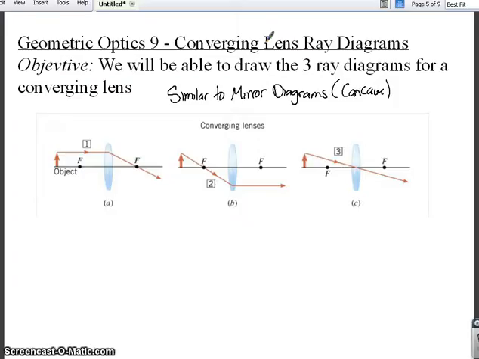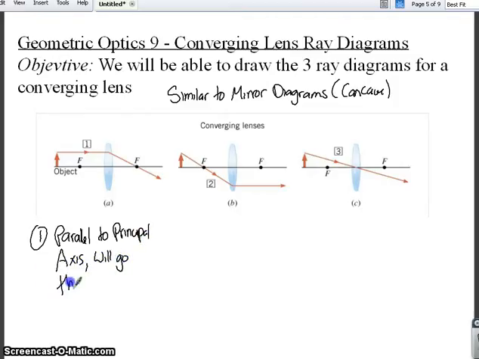So there's going to be three rays we're going to draw. Okay, three rays. Our first ray is going to be parallel to the principal axis, and then it will go through the focus, or the focal point. So you can see in this picture above me, it hits the mirror, goes to the focal point.